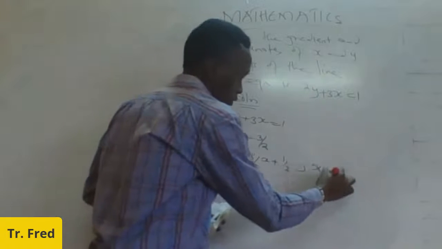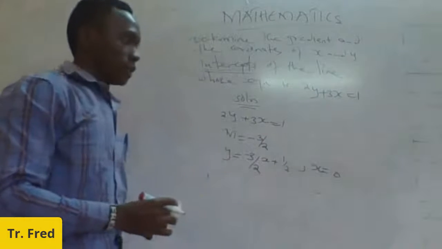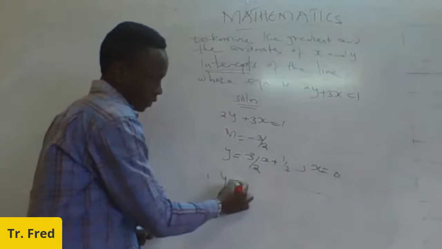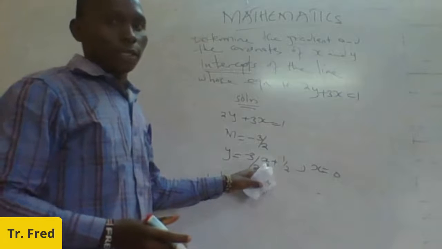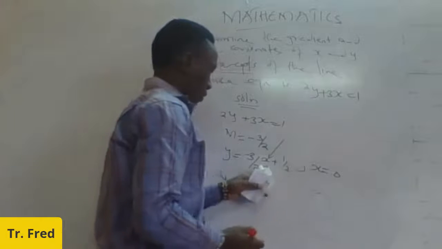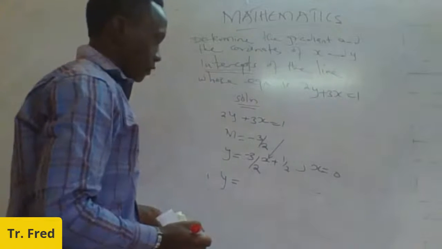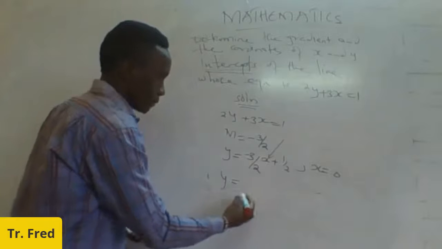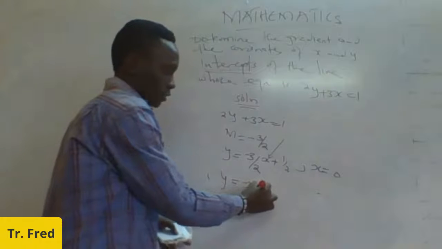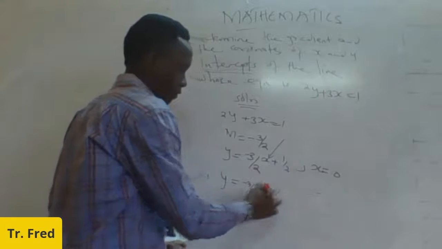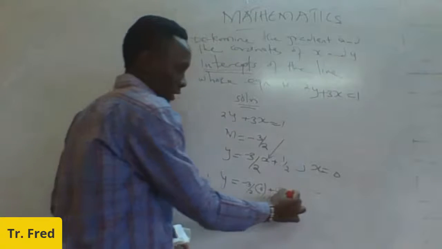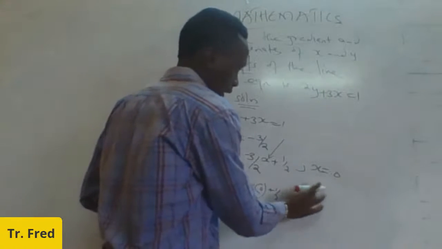Now, when x equals 0, what will be the value of y? You substitute 0 where we have the value of x. So y will be -3/2 multiplied by 0, plus a half. Any number multiplied by 0 equals 0, and therefore the value of y will be a half.